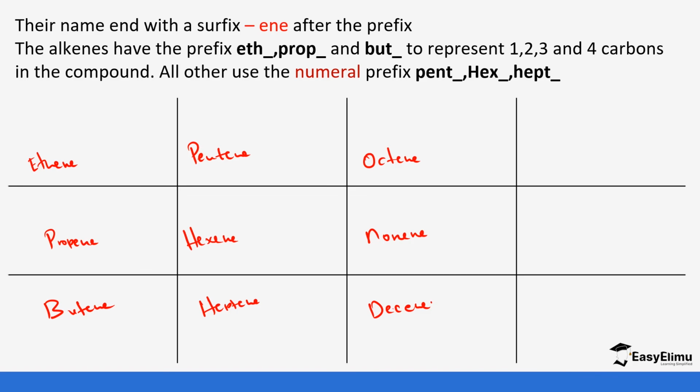So those are how we usually represent alkenes. Those are the members of alkenes. Remember, we do not continue beyond carbon number 10. Beyond there, you're going to learn more later on in organic chemistry.